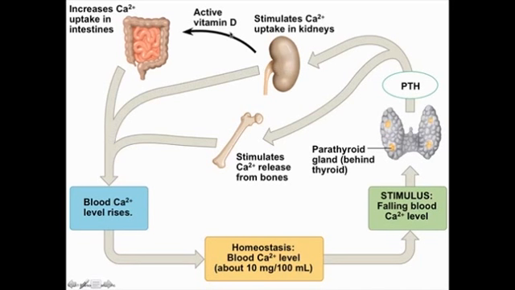It also activates vitamin D, which sets off a chain of events ultimately resulting in the absorption of additional calcium by the intestinal tract. So through those three venues, we're going to have an increase in the calcium that's put back into the bloodstream. So naturally, our blood calcium levels will rise back to that homeostatic condition.